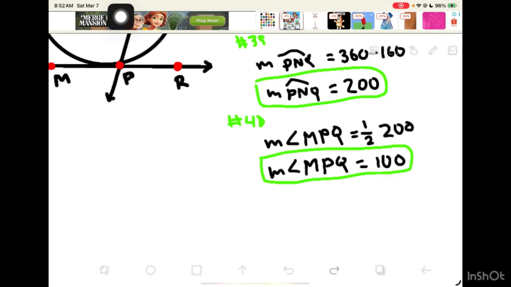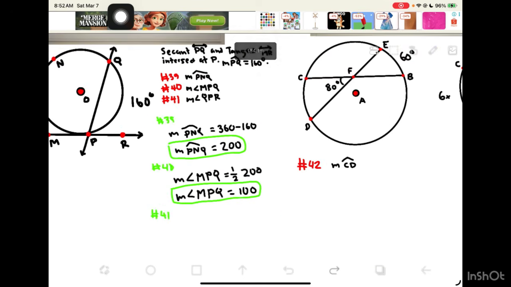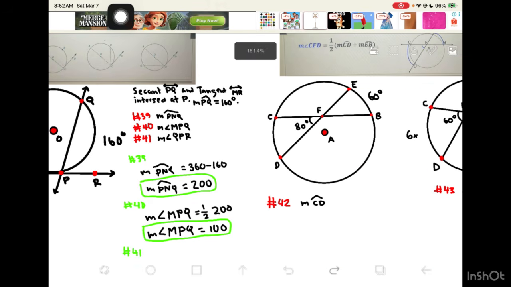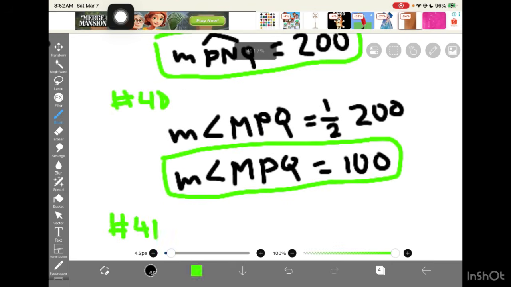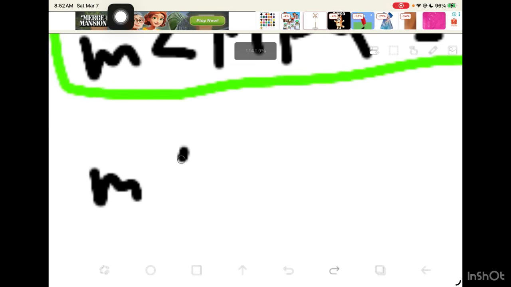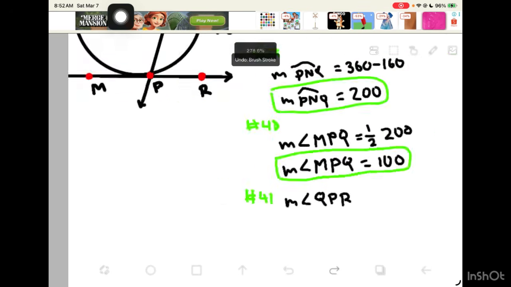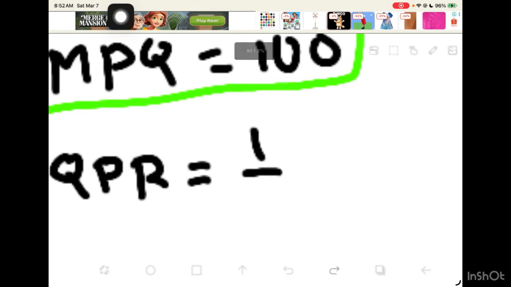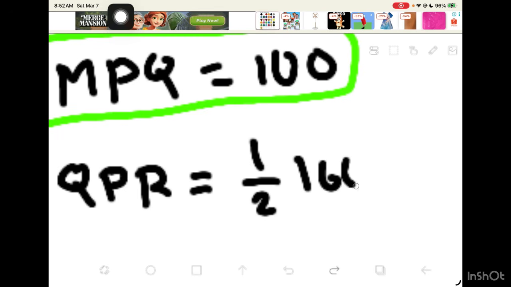Next one is 41. We have measure of angle QPR. So in this case, it's equal to 1/2 of 160.